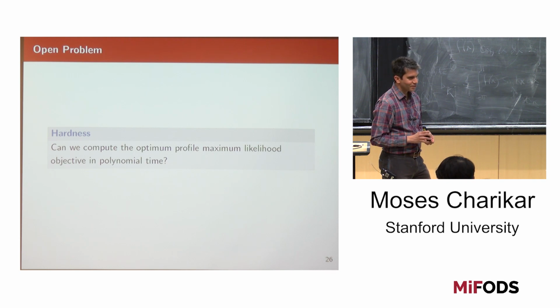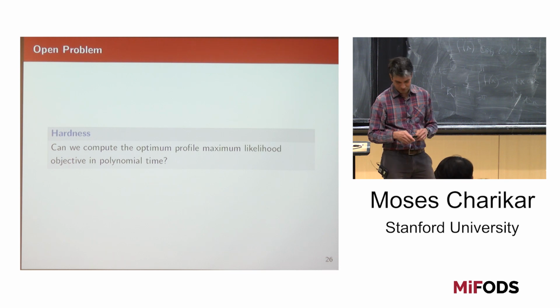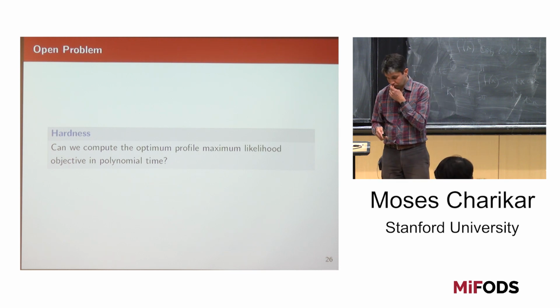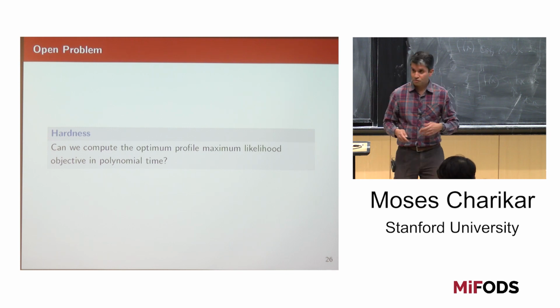I don't know how to prove that it's hard. My guess is it should be hard, but we haven't ruled out a PTAS. We don't have NP-hardness, or the equivalent of NP-hardness. So here the difference is that rather than finding a solution, you want to just find the value? Yeah, let's say you just want to find the value.